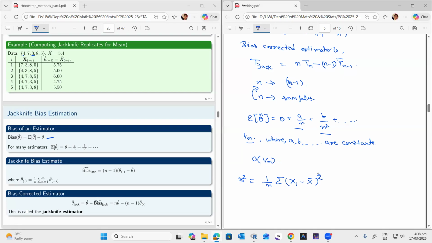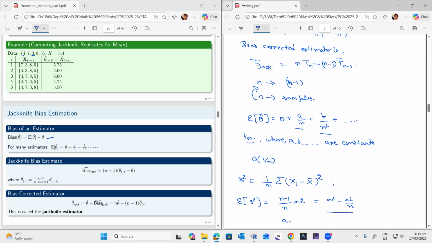When estimating the population variance sigma square, the expected value of S square is equal to (n minus 1) divided by n times sigma square, or you can say it equals sigma square minus sigma square upon n. So from this, what is your a?